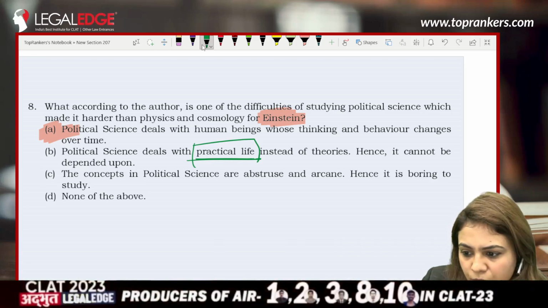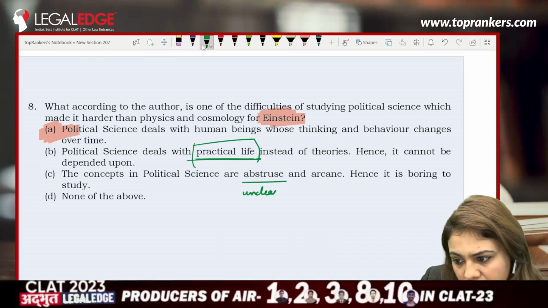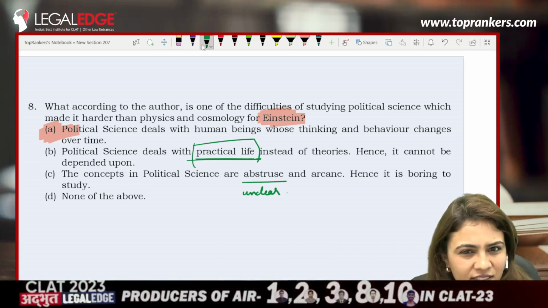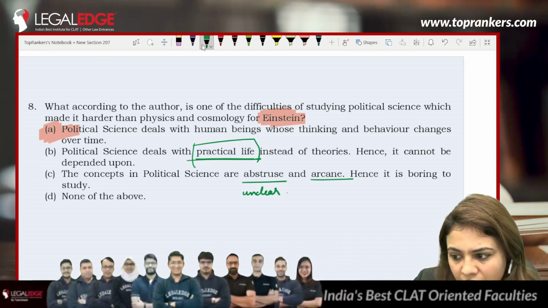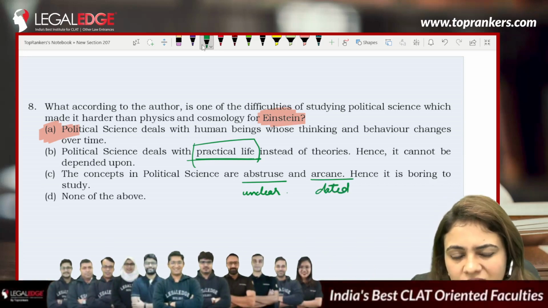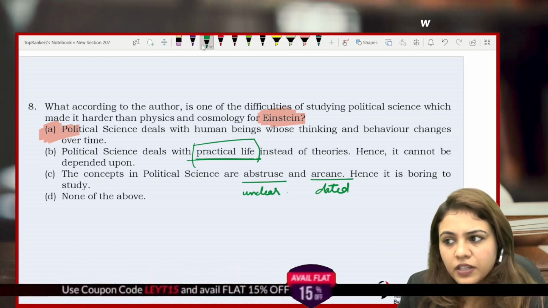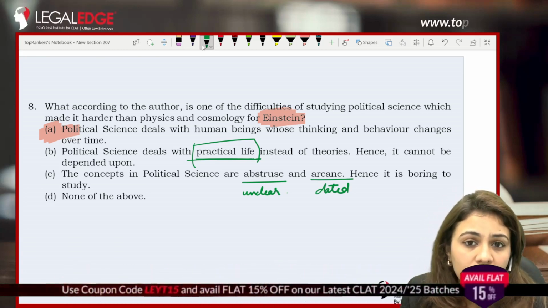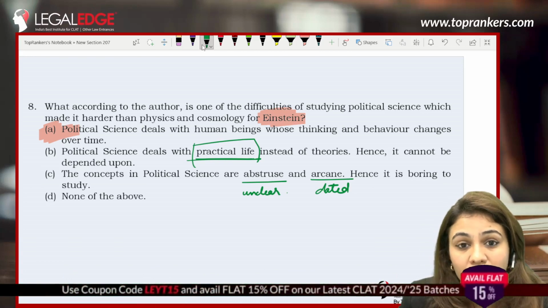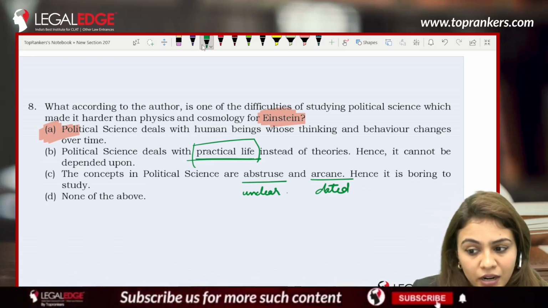The concepts in political science are abstruse. Abstruse means unclear. Is it said that political science is unclear and arcane? Arcane means dated, old-fashioned? No, that's not really the case. It's just that political science basically takes into account some pragmatic things, and then possibly the theory can be fashioned around it.